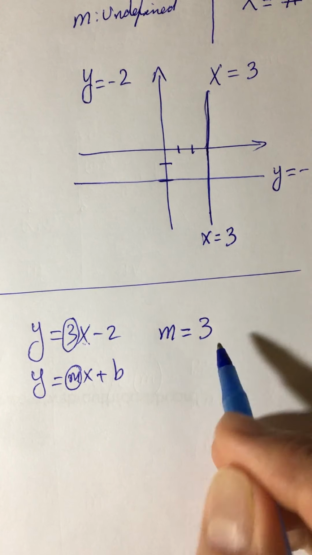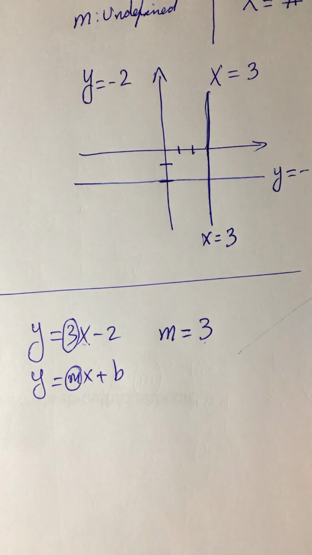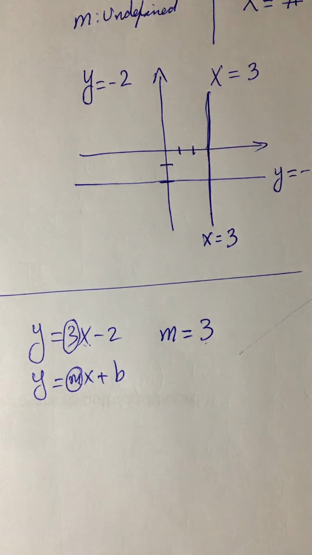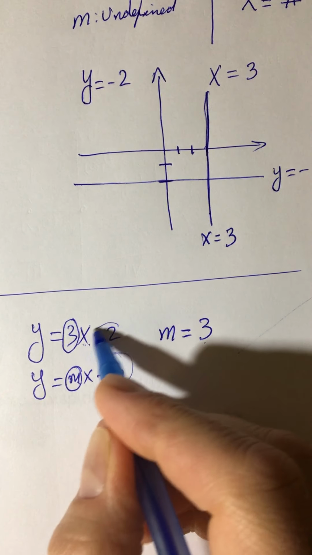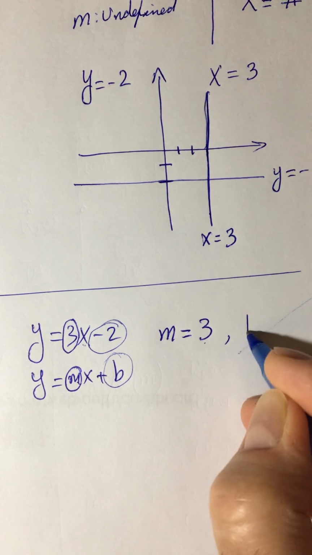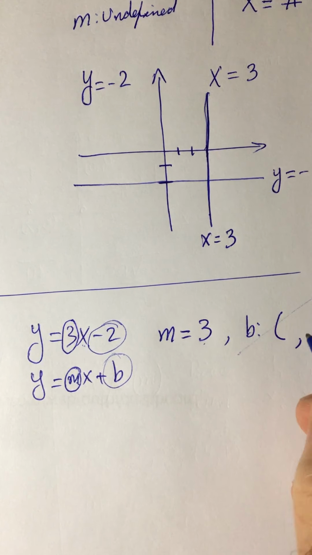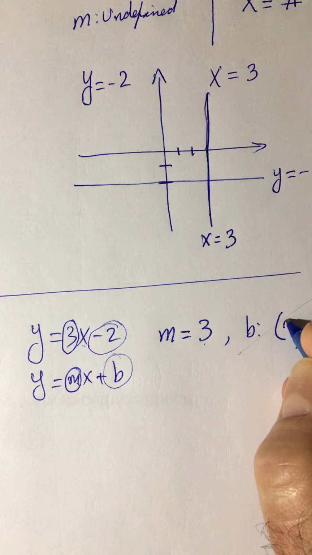So that's 3. Is that a positive slope? Yes. So you know your line is going to be rising. So if you get some other graph, like a falling line or vertical or horizontal, you know you have a boo-boo. And then what is your y-intercept? Your y-intercept is b, this constant here. So your y-intercept is negative 2. I'm going to write it as an ordered pair, as a point. Remember, for the y-intercept, x is always 0.